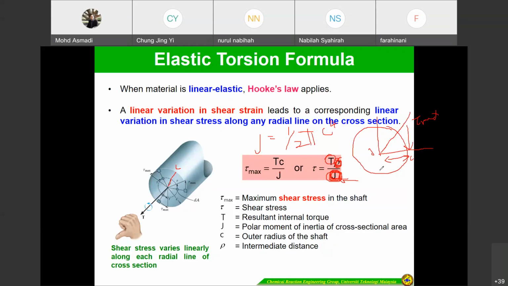How about for the tubular? The cross section has a hole inside here, right? So there's a hole here. This one is going to be C1 and C2.